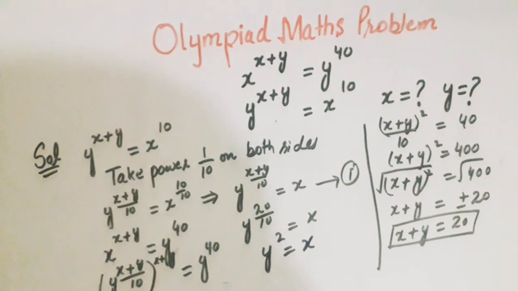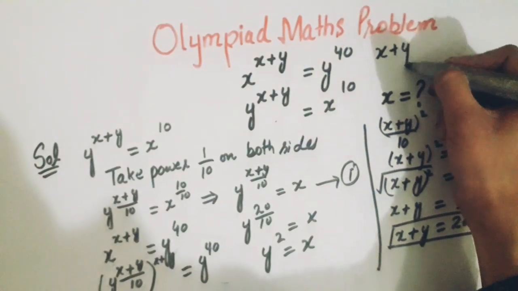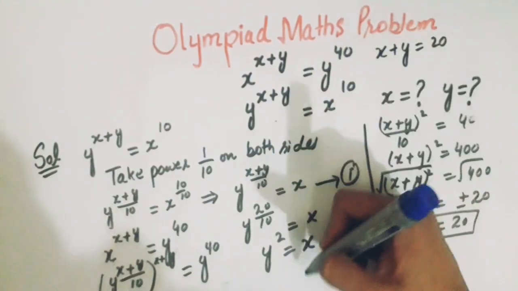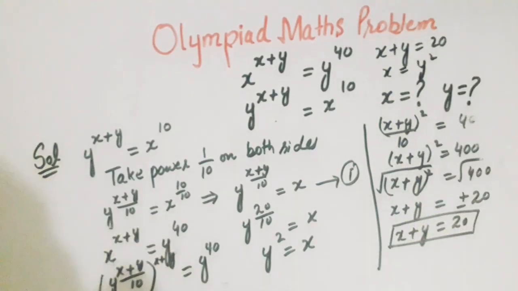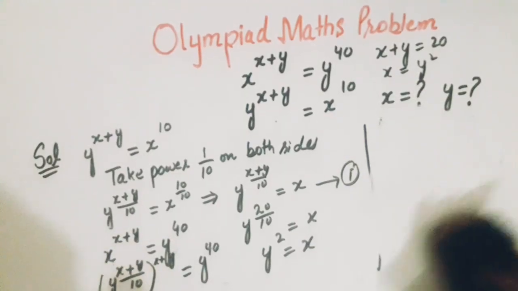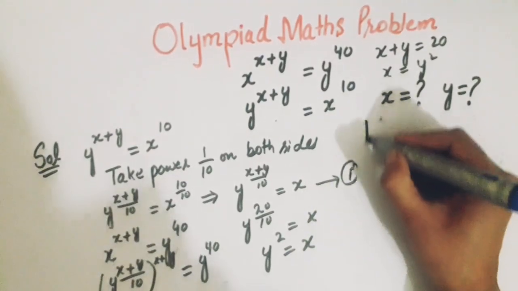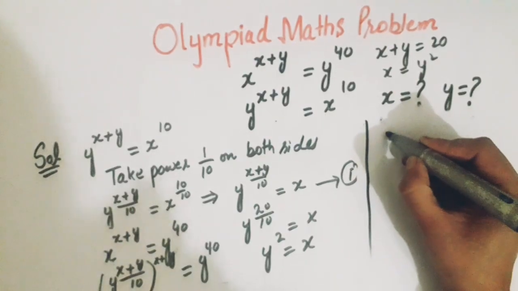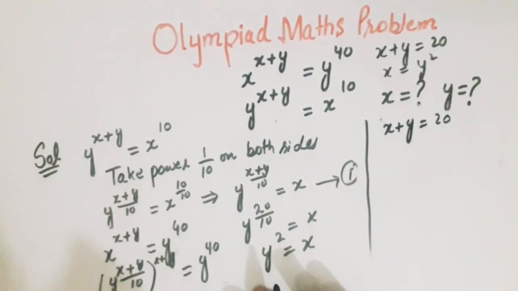Now after this, we will write the equation here, that x plus y equals 20 and the other one is x equals y square. We have the equation x plus y equals 20, but the value of x is y square.